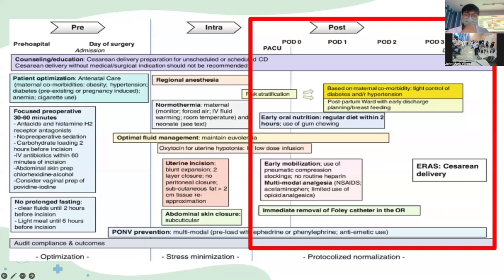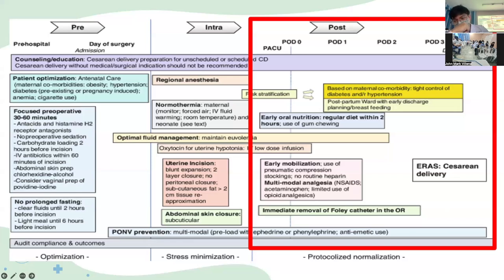Yun nga eh. So for the multimodal analgesia po, according to the guidelines po is scheduled NSAID, scheduled paracetamol, and local anesthetic techniques as indicated. So example po sa guidelines is paracetamol 650 to 1,000 milligram orally per OS every 6 hours scheduled.